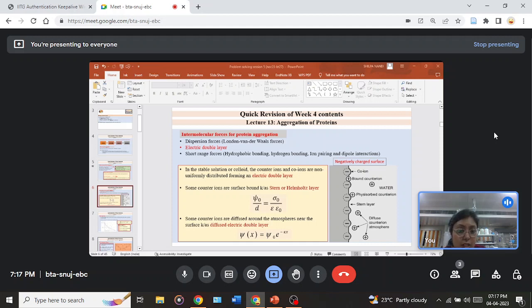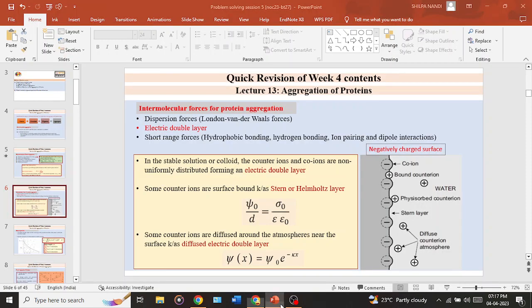In the figure you can see the ions present at the surface, which form the Stern layer, whereas the other counter ions diffused around in the atmosphere form the diffused electric double layer.